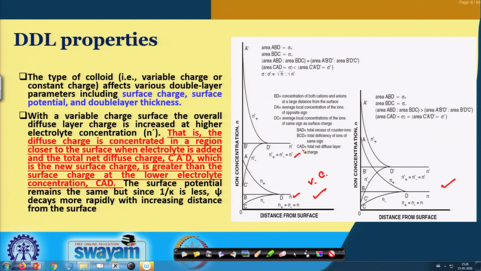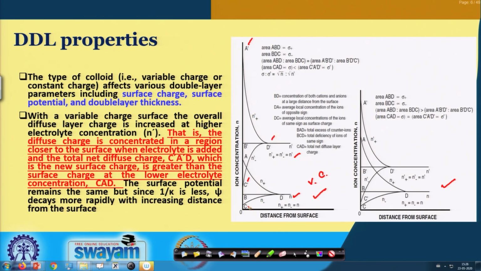In other words, the diffuse charge is concentrated in a region closer to the surface when electrolyte is added, and the total net diffuse charge, that is C dash A dash D dash, which is the new surface charge, is greater than the surface charge at the lower electrolyte concentration.